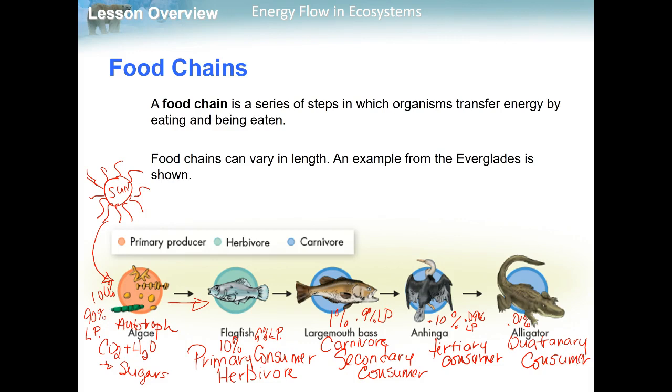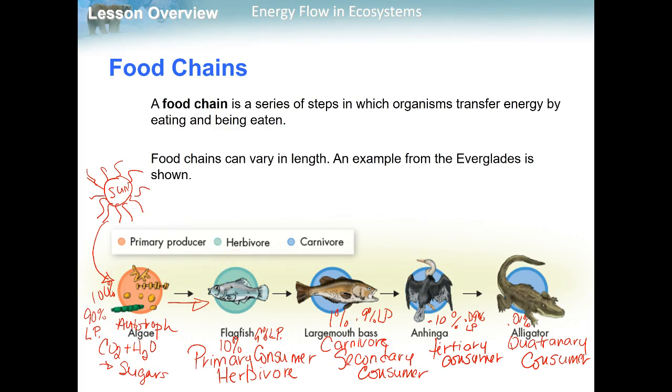So if humans come in and they eat the alligator, then they're even getting less energy directly from the sun than that alligator got. So they're going to have to consume more. But let's say as a human, I came and I caught a flagfish and I ate a flagfish.